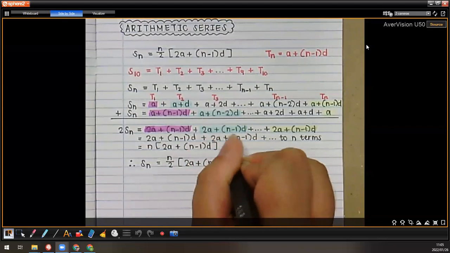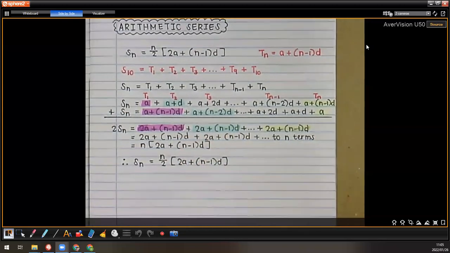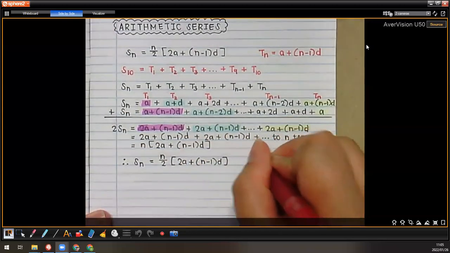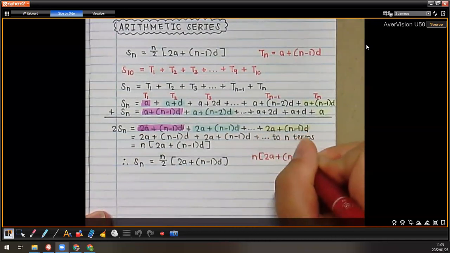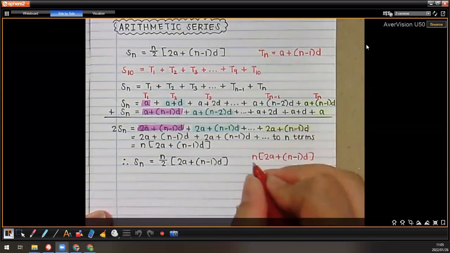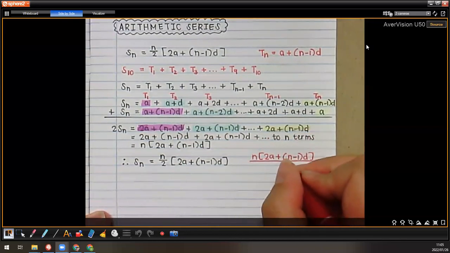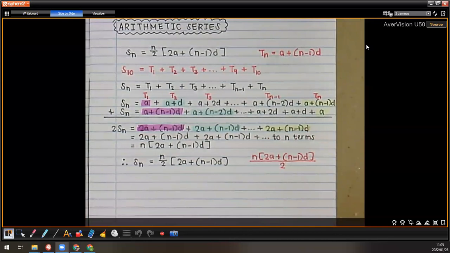Now guys, this is actually the same as if you were to write it as n and then the whole bracket over 2. That would mean the same thing because this is all one term. All right, the formula is given like this on the formula sheet.